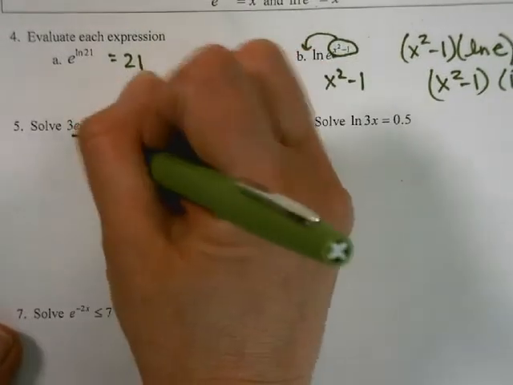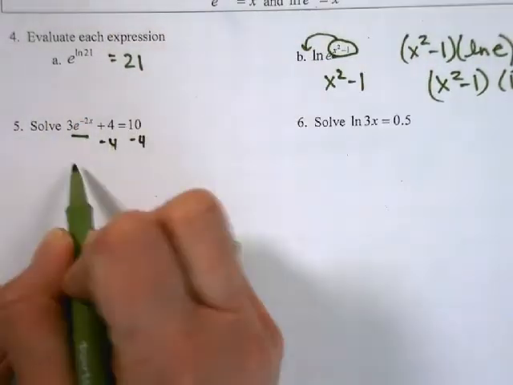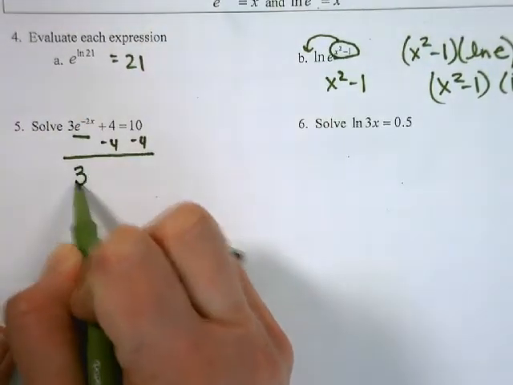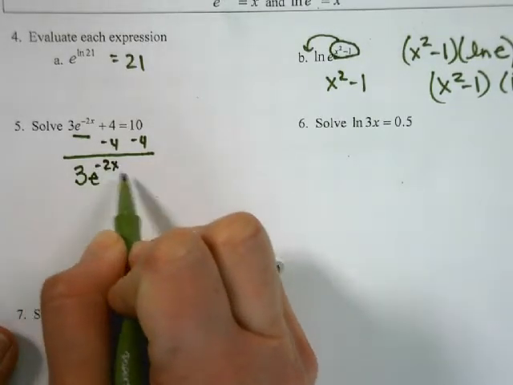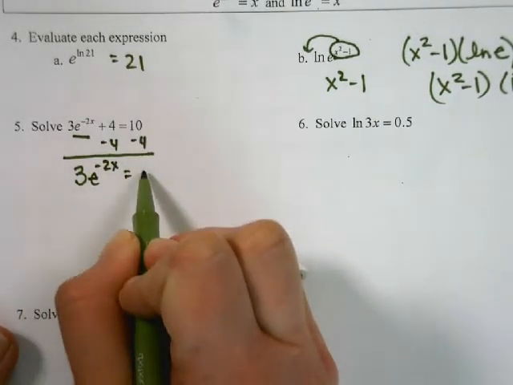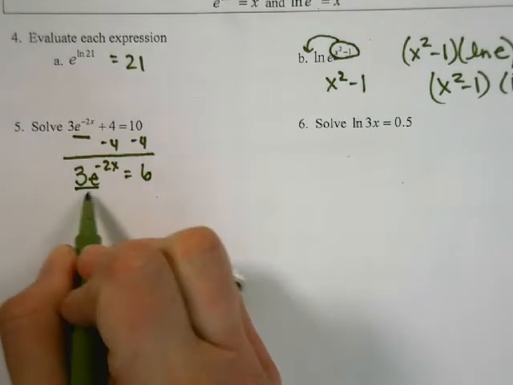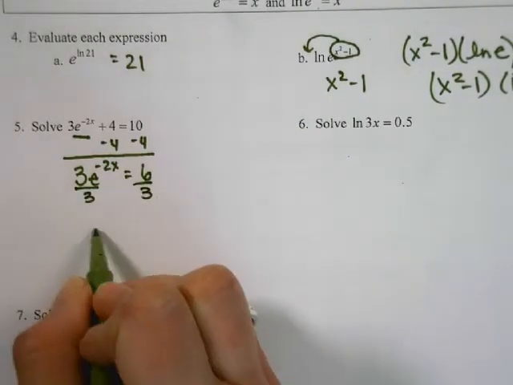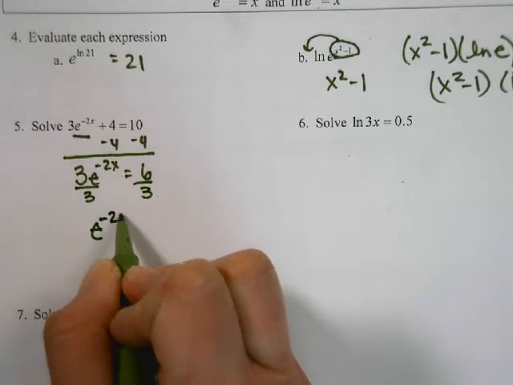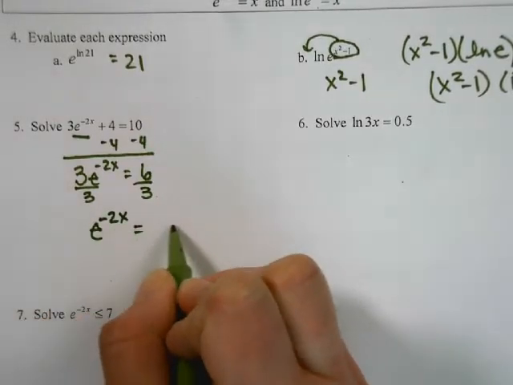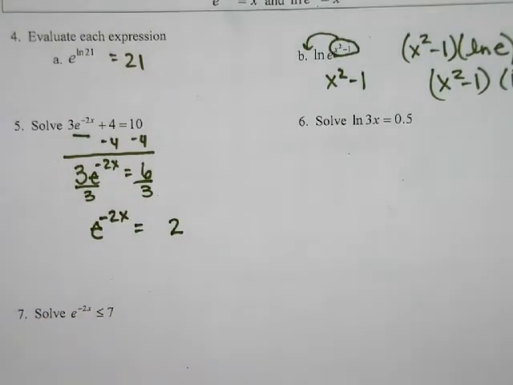Okay, let's subtract 4. So 10 minus 4 is 6. Divide by 3. Awesome. Thank you. That 3 is a coefficient, so we're going to divide by 3. So now I have e to the negative 2x equals 2.